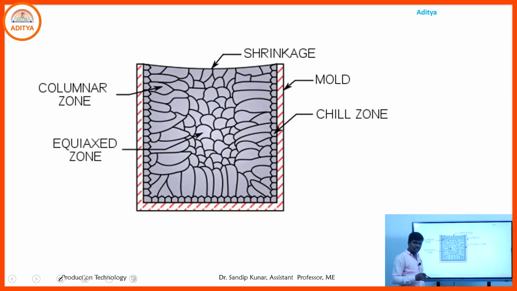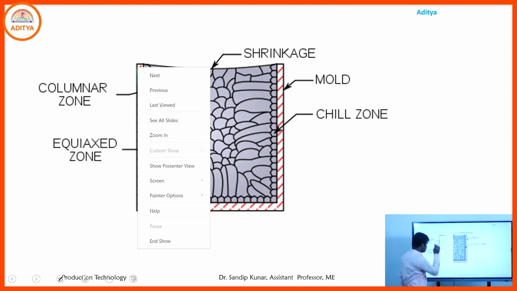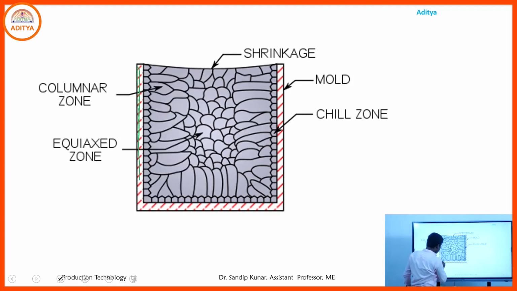Now, we have already seen in the previous lecture, if we consider the mold surface, then we pour the molten metal into that particular mold cavity.